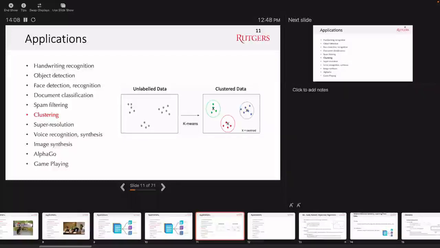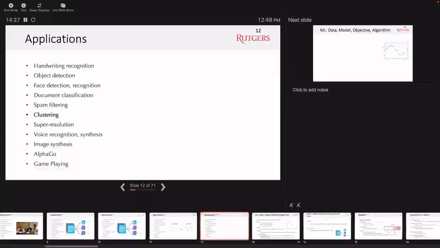One way to do this is to cluster them. For example, you can cluster them into 10 clusters, and within each cluster, you can pick 1 or 2 data points to take a look. This would be a much more efficient way, right? So this is clustering.